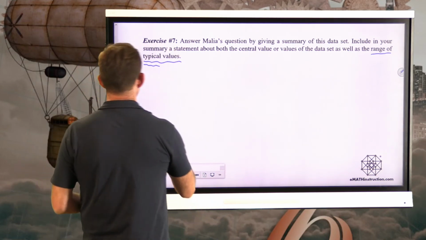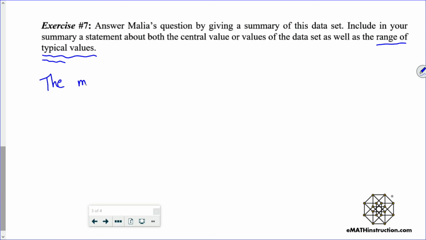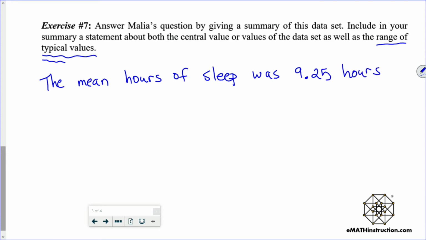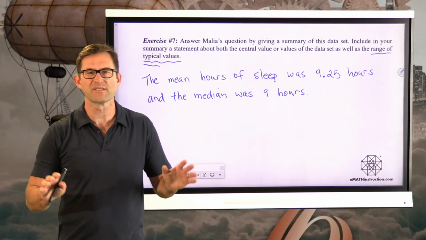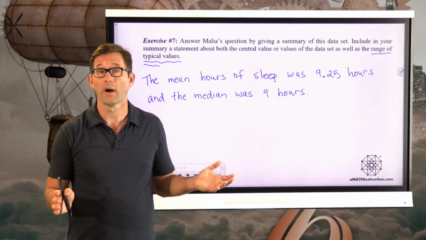So we could say the mean hours of sleep was 9.25 hours, and the median was, there's my red pen, and the median was 9 hours, right? So we always want to have some kind of statement about the central value, and if you can put them both in, why not, right?